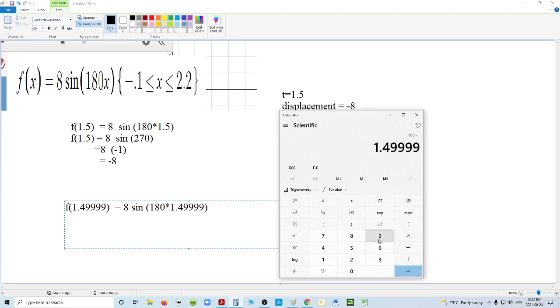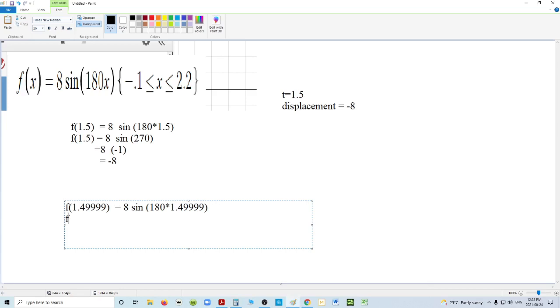So that's 0.00001 to the left. And I hit equals, and I get 269.9982. Then I take the sine of that. So if I keep going, I'm left with f of 1.49999 is equal to 8 times the sine of this. So if I take the sine of that, I'm going to get very close to minus 1.